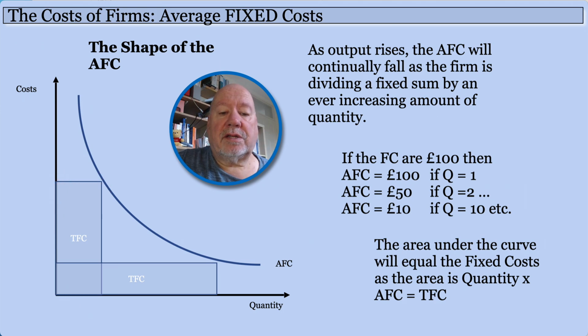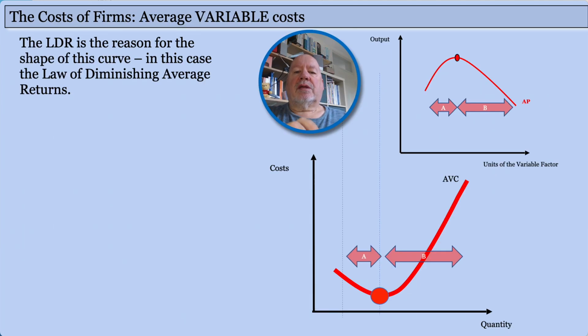That area under the curve is the same value of fixed costs, and so sometimes the examiner will give you maybe two quantities here and one average cost and ask you to work out the other one. So you should be able to do that by remembering the area under the curve is a constant.